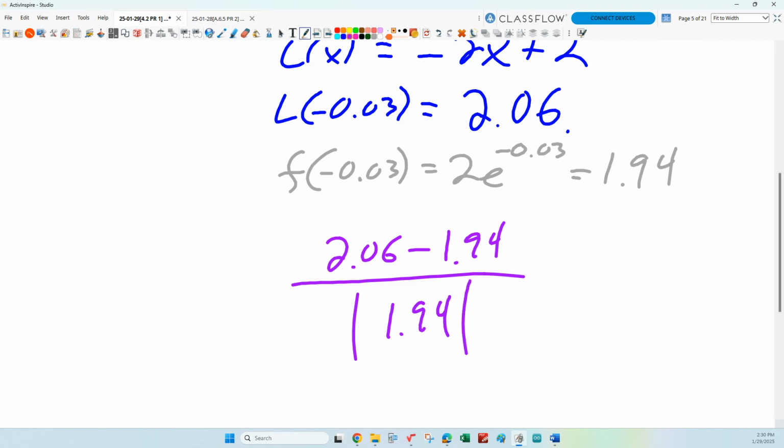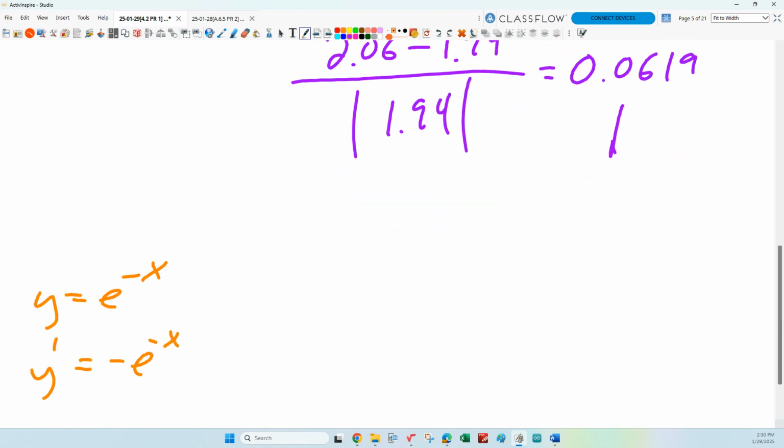And you guys would put the top one in too, right? So what is that? 0.0619. If we convert that to a percent, 6.19, so that's the percent error in our answer. Okay? Give me thumbs. Make sense?